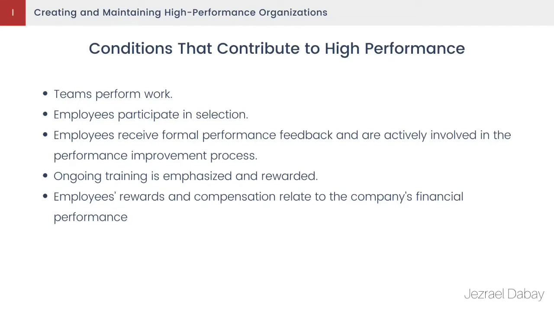First, teams perform work. Employees participate in selection. Employees receive formal performance feedback and are actively involved in the performance improvement process. Ongoing training is emphasized and rewarded. Employees' rewards and compensation relate to the company's financial performance.